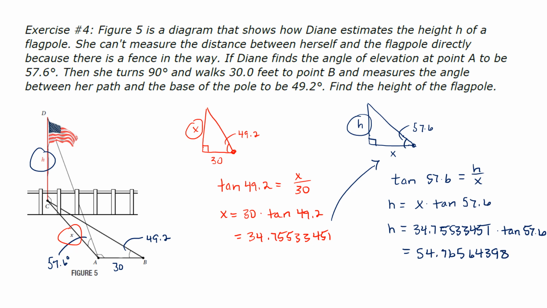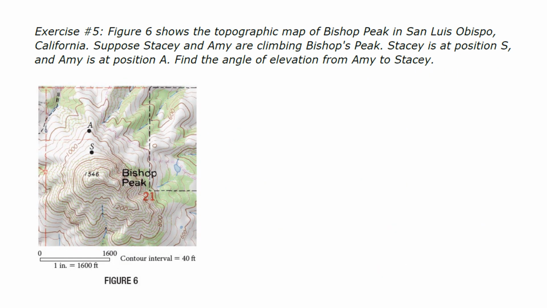So H, rounded to 3 significant digits, will be 54.8 feet. So the height of our flagpole is 54.8 feet. Alrighty.